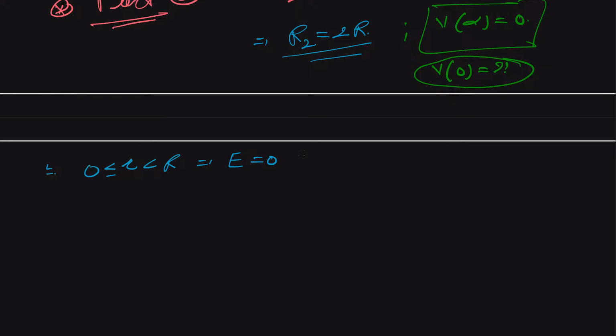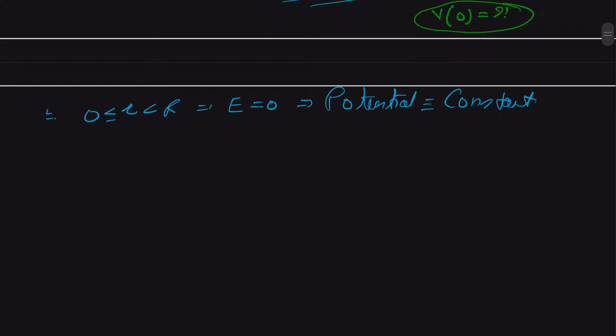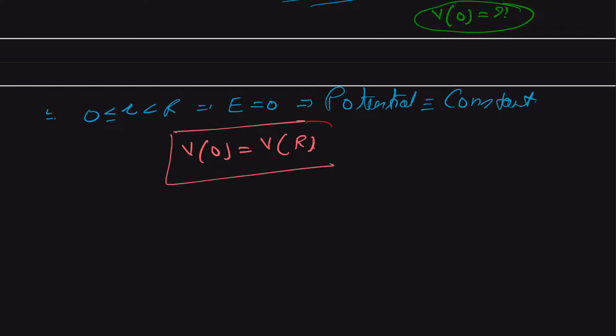From here you can easily say that the value of the potential will be constant. So the value of the potential at the center will be equal to the value of the potential at r. It means the inner region is going to have the same potential.